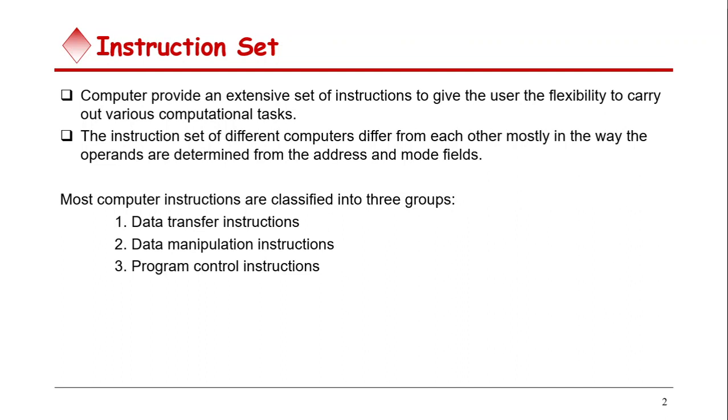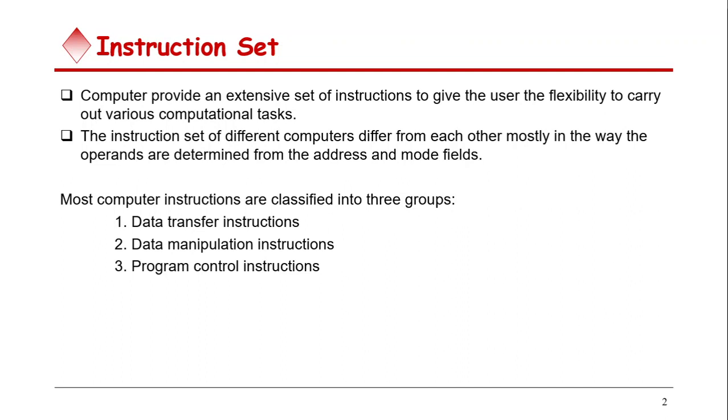It so happens that the binary code assignments in the operation code field are different in different computers, even for the same operation. It may also happen that the symbolic name given to the instructions in the assembly language notation is different in different computers, even for the same instruction.